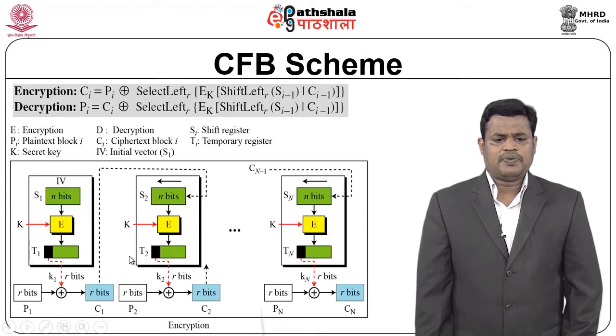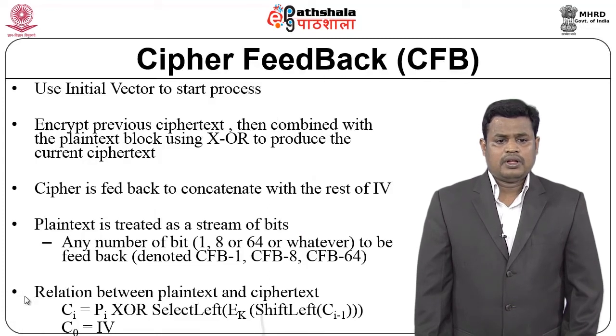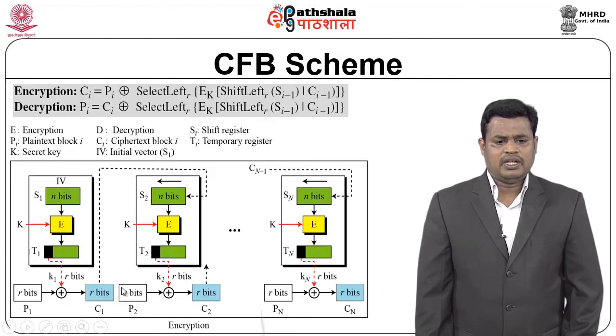So, we can see from this particular diagram the initial vector, then the encryption process, then we are generating the ciphertext, then R bits of plain text. Now, we can observe the feedback chaining, where PI, that is your plain text, is given to the encryption process, and the initialization vector is also in the encryption process.